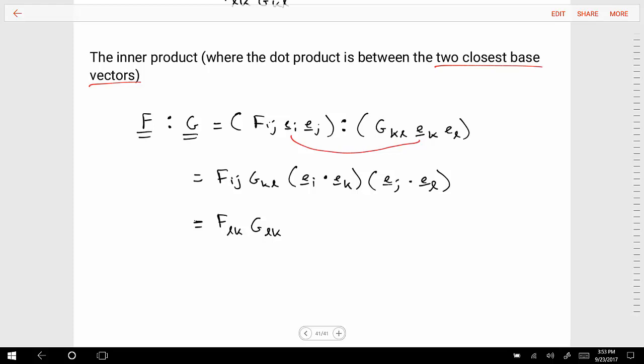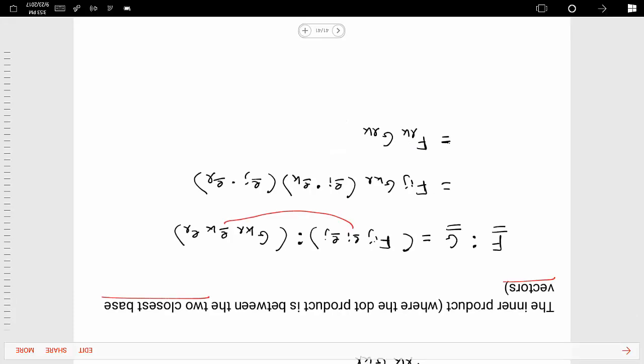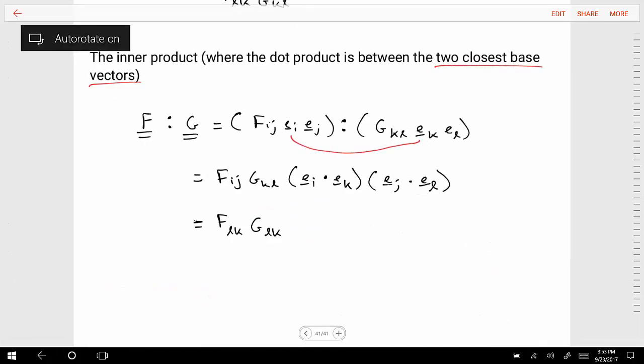Now in our next class, we're going to look at the cross product operation in terms of base vectors, and understand how the solutions of these are in a Cartesian coordinate system. So that's it for today's class. Thank you for listening to our lecture, and that's it.